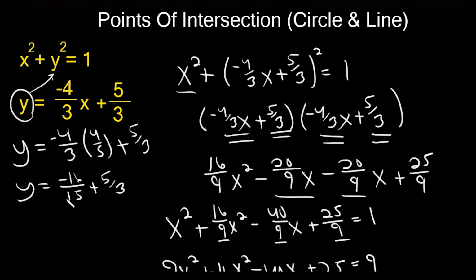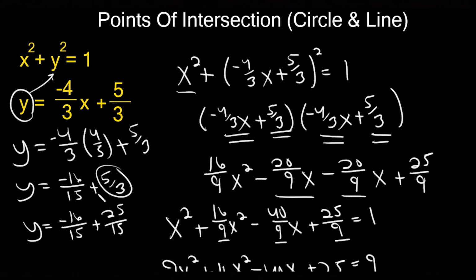I see that I have a denominator of 15 here and a denominator of 3 here. So if I just multiply that second fraction, both top and bottom, by 5, I'll get the common denominator that I need, which is 15. When you do that, you get y is equal to -16 over 15 plus 25 all over 15.